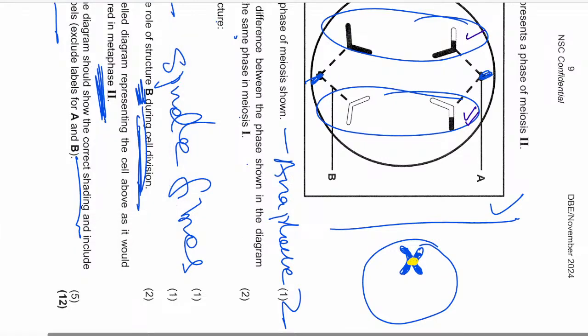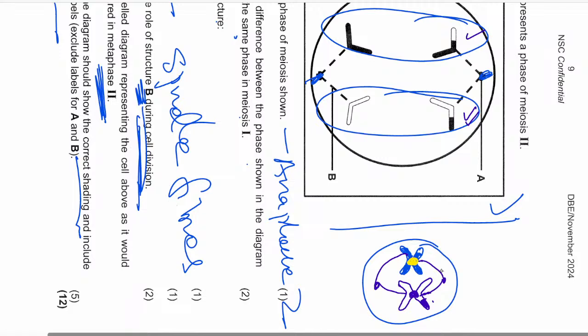Then this one, you come back and also draw it. I used a different color, it's fine, but it's supposed to be the same color. But now check, this thing is on this side, not this side, so I only shaded that part. And because they said it is metaphase, you draw that.